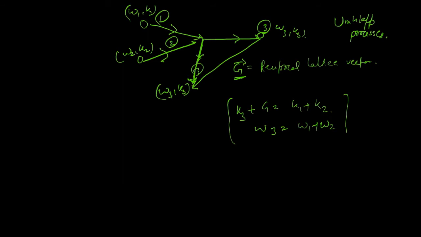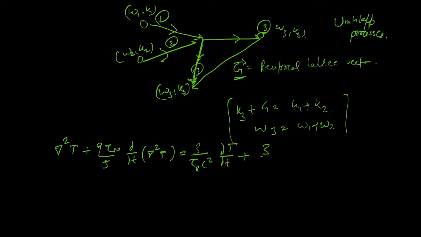And the equation we wrote, let me write down the equation again. Gradient square of T plus 9 tau N by 5 d by dt of gradient square of T equals 3 by... So basically now we have defined tau N and tau R. If the scattering happens through this process, what is the mean lifetime?